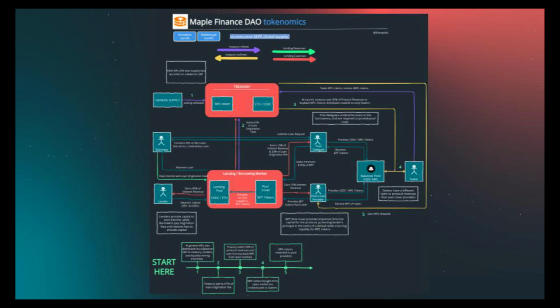I think that has really helped during the most recent bear market and credit crunch, where investors or depositors in the Maple pool can see who the recipients of the loans are, right? And so as you're seeing the news come through of potential issues with 3AC, they can see people who have some exposure to 3AC.